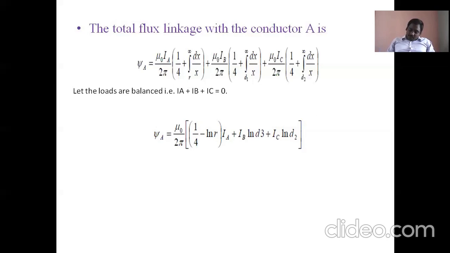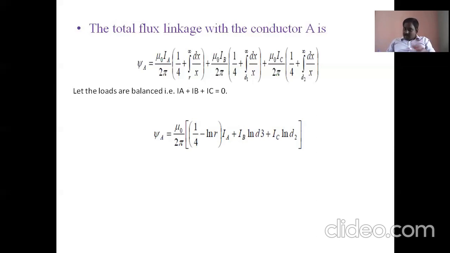If we observe here, psi A is equal to mu naught Ia by 2 pi [1 by 4, natural logarithm of infinity, which is 0, minus natural logarithm of R] plus mu naught Ib by 2 pi [1 by 4, natural logarithm of infinity, again 0, minus natural logarithm of d1].